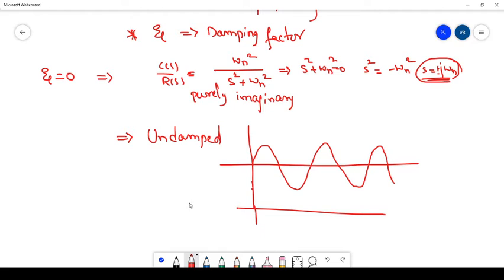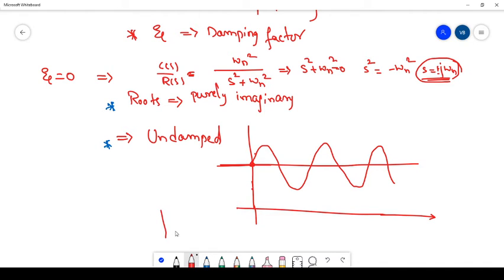For example, this is an output, and whatever you give, it continuously oscillates around the particular value and will not settle. So zeta equals 0, the roots are purely imaginary. You have to remember this point. Roots are purely imaginary and that response is called an undamped system response.